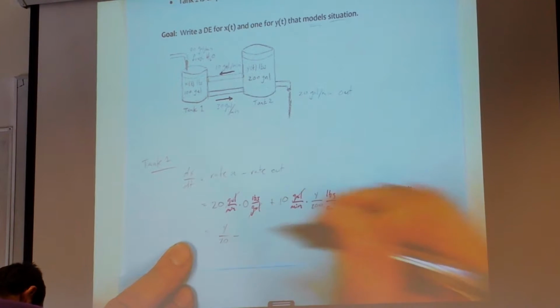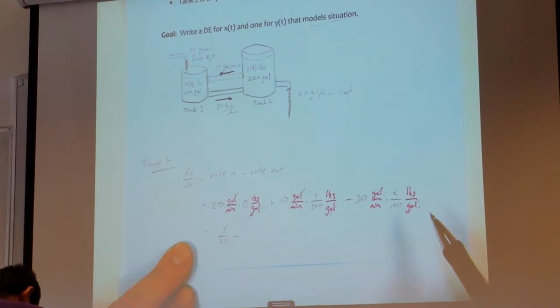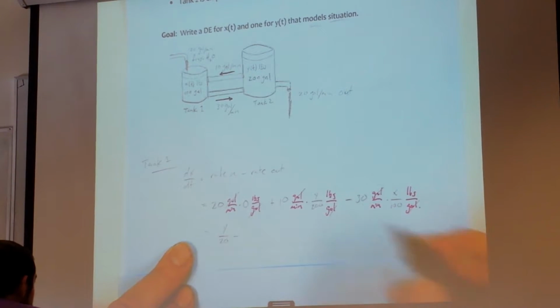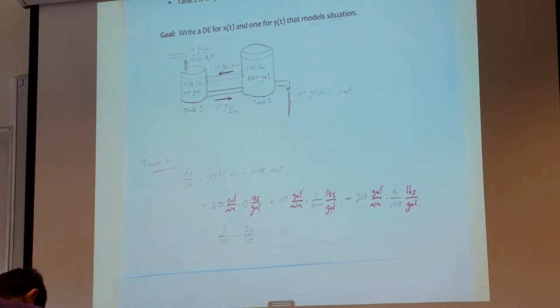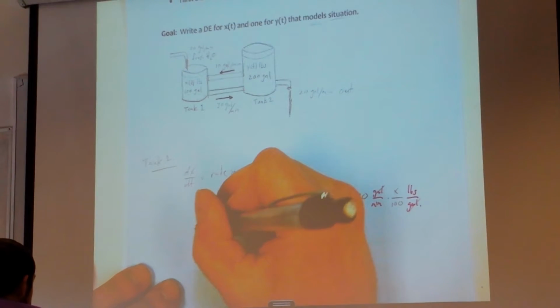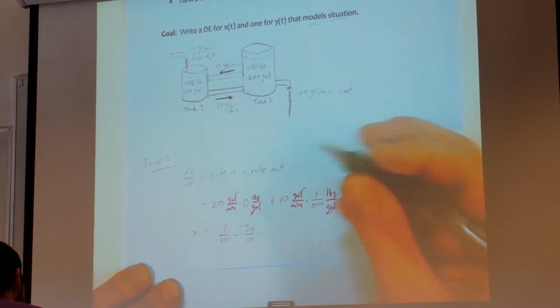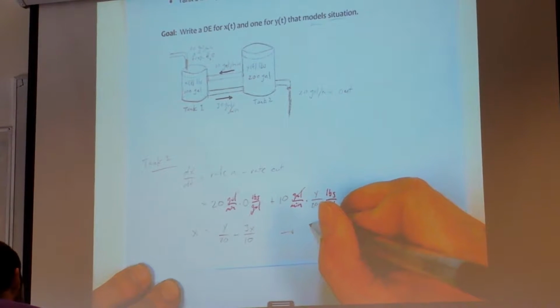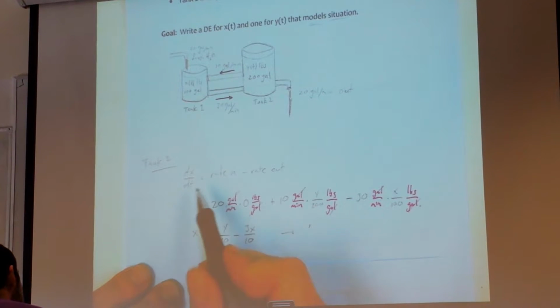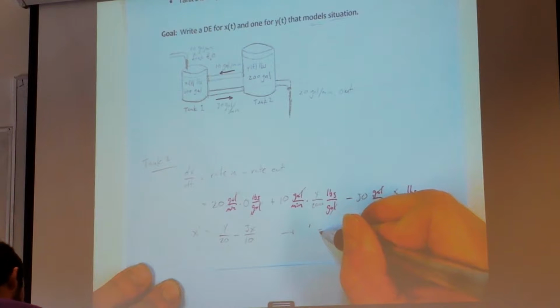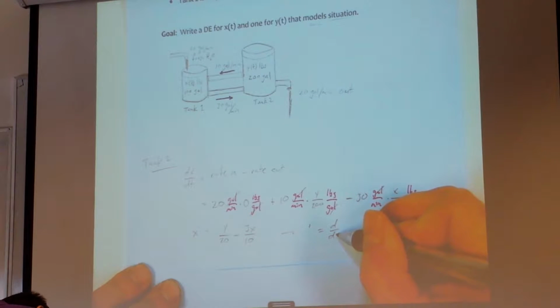Minus 30x over 100, so the factors of 10 will cancel out, 3x over 10. And we can write this as x prime, as long as we know that prime refers to t. Leibniz notation has one big advantage, and that's that it's clear what the independent variable is, but prime equals derivative with respect to t here.